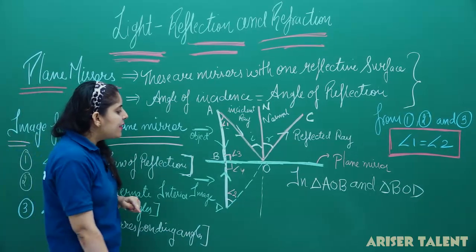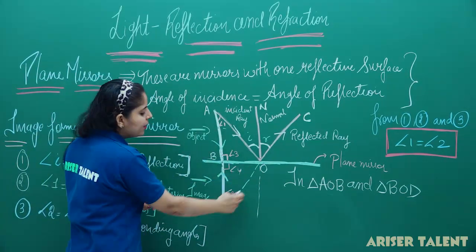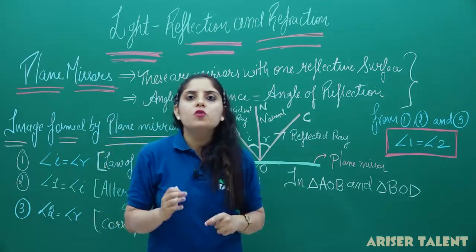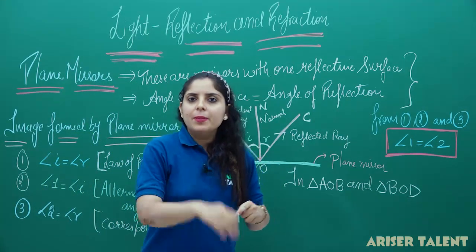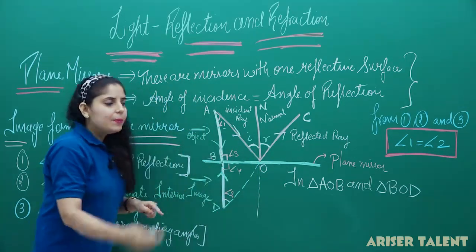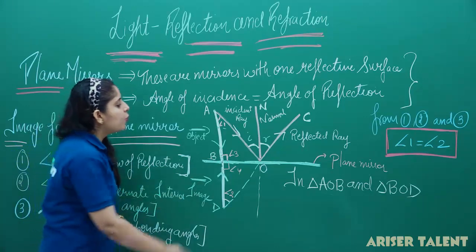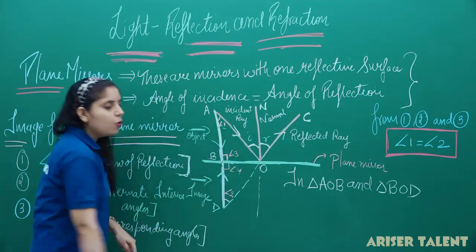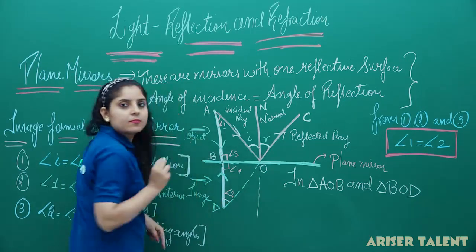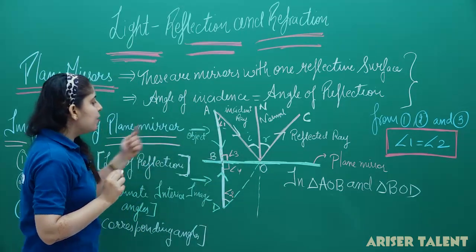Secondly, I also say that AO will be equal to DO. Why is it so? Because the sides opposite to equal angles of a triangle will be equal. So one more point we can conclude from here is that AO will be equal to OD, and one thing that is common between them is OB.